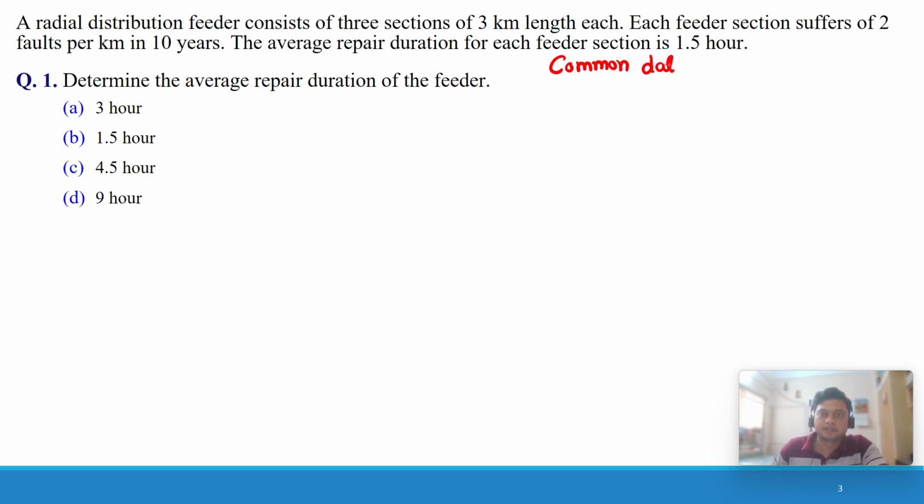A radial distribution feeder consists of three sections of 3 kilometer length each. Each feeder section suffers 2 faults per kilometer in 10 years. The average repair duration for each feeder section is 1.5 hour. You have to determine the average repair duration of the feeder.